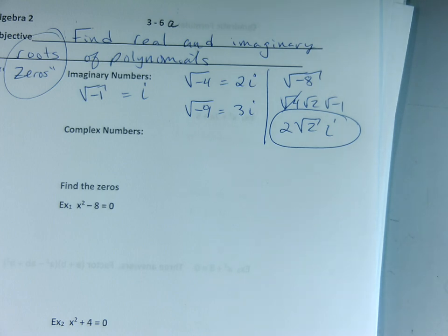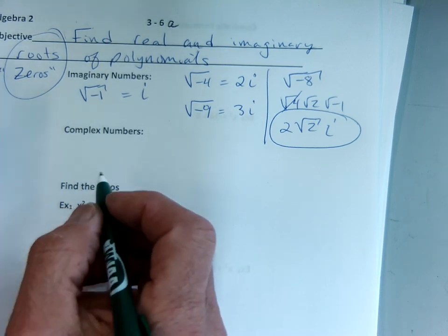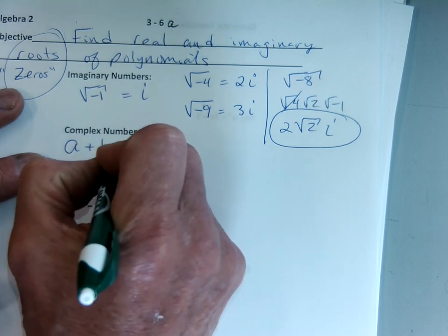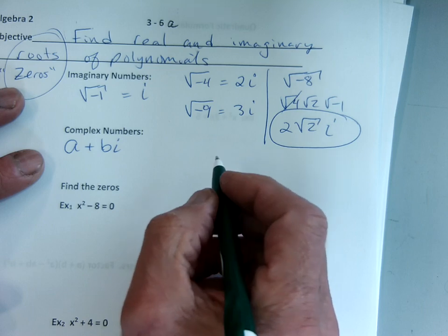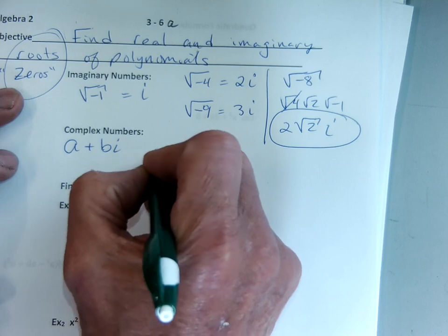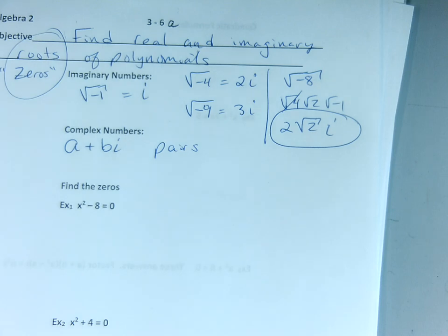Now, if I put a real number with it, it becomes a complex number. We call it complex. It's a little confusing because a complex number is a real number plus an imaginary. And they come in pairs, because they have to come from a square root.